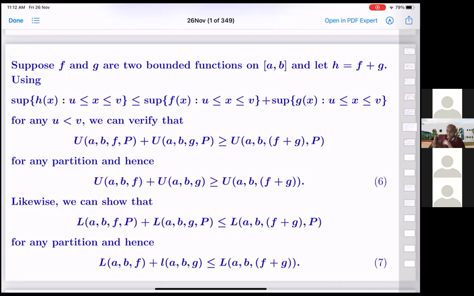So using this simple observation, we can verify that U of f over P and U of g over P, the sum of these two, the sum of the upper bounds of these two integrals, is always greater than or equal to the upper bound for the sum.